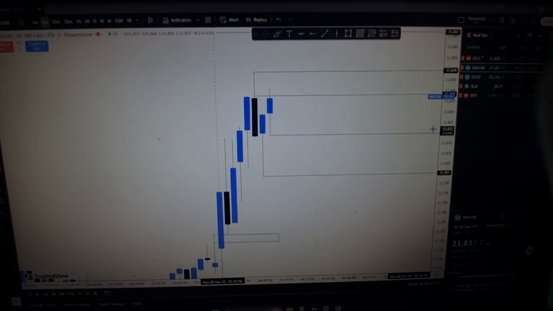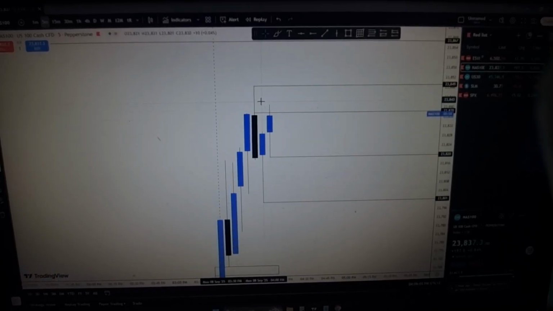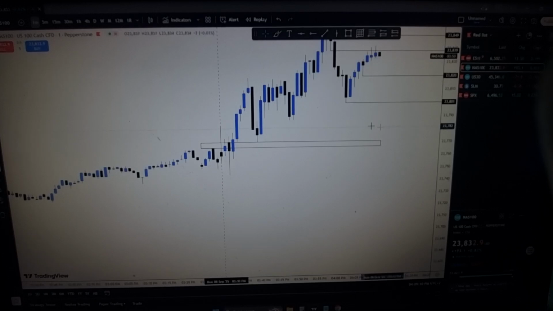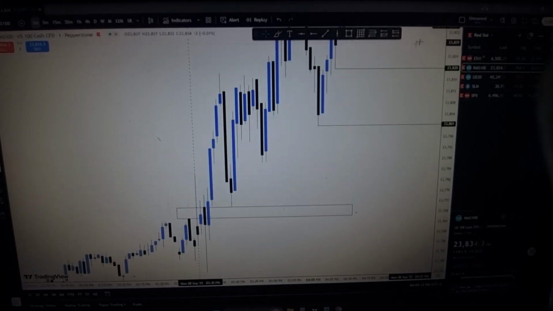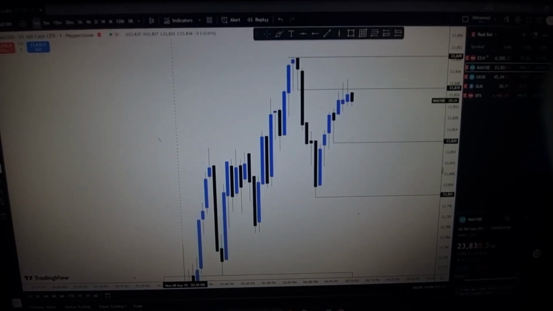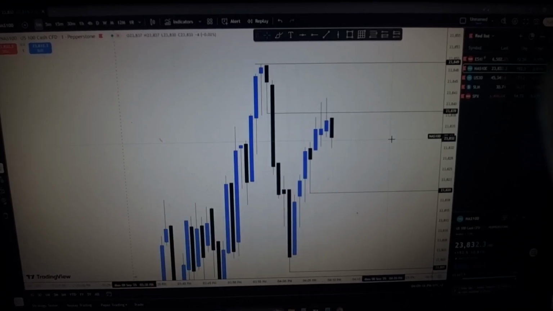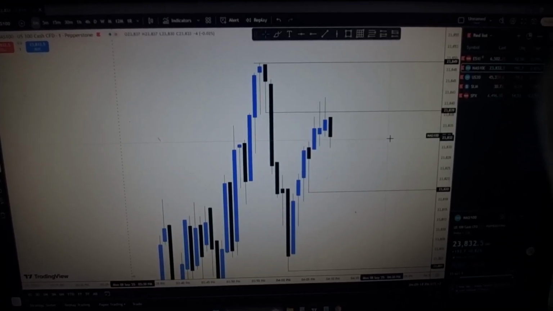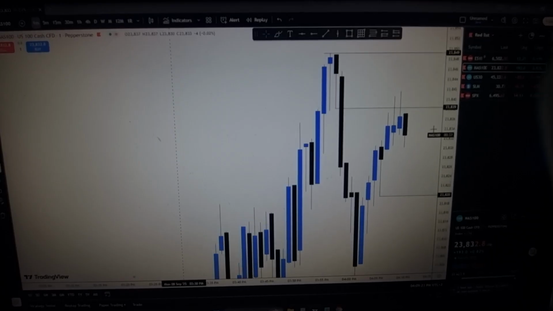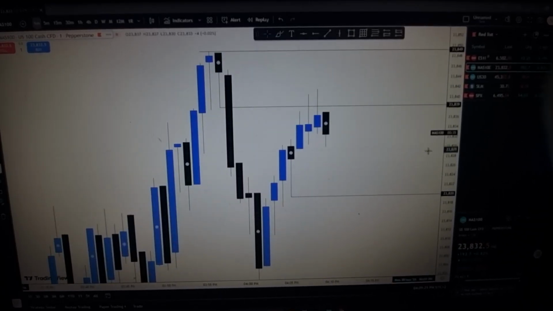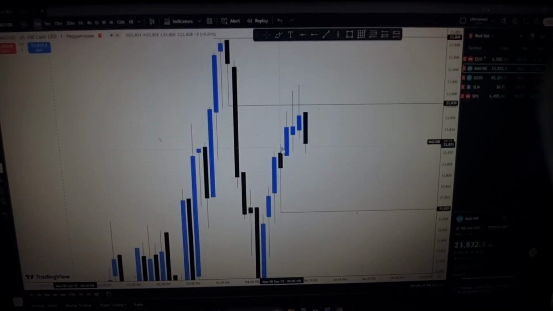So we're going to see if we have a break of structure to the upside to see if we are not going to trade, because I was literally in longs just about 5 minutes ago. So yeah, let's see what happens. We are respecting this fair value gap still.